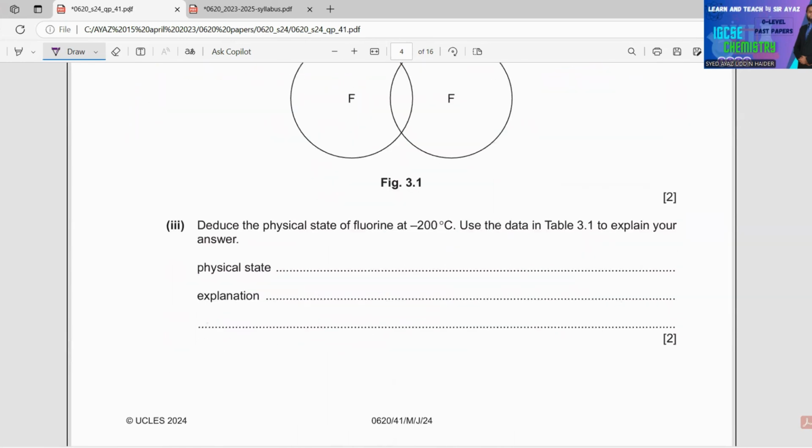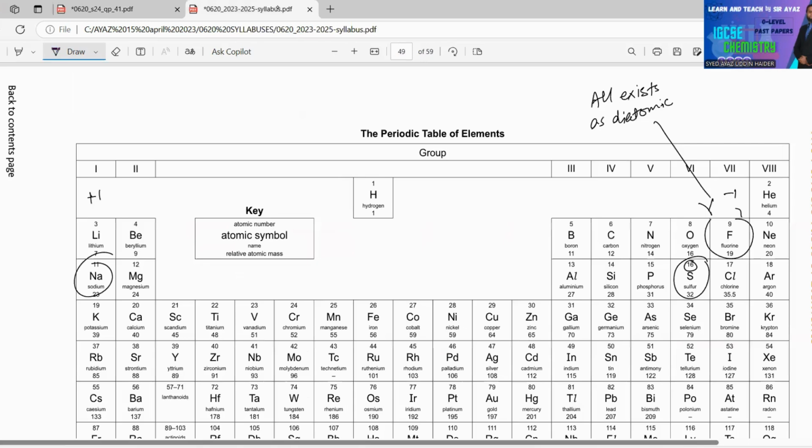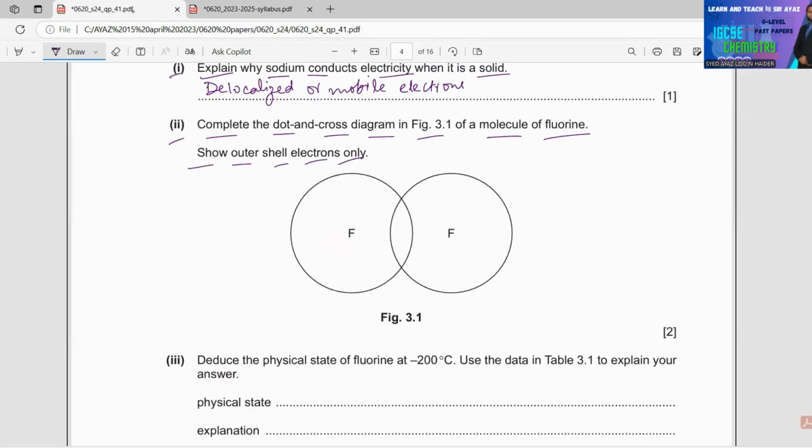Part 2. Complete the dot and cross diagram in figure 3.1 of a molecule of fluorine. Show outer shell electrons only. So fluorine belongs to group 7, which means it has 7 valence electrons. So both the fluorine atoms need 1 electron to complete their valence shell.